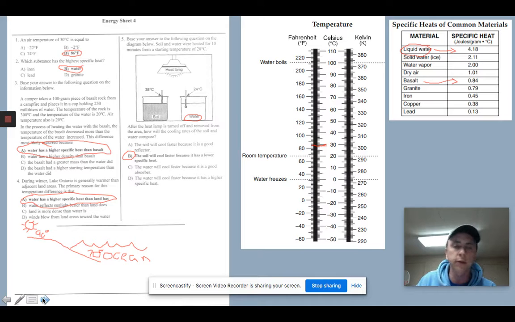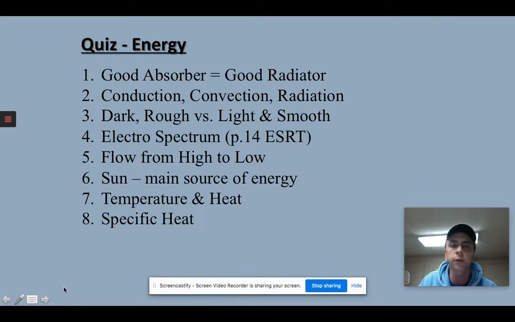All right, so that should help you. Those are all the answers to all the questions we did. These are great questions to look at for the quiz tomorrow, and here's what's on the quiz. Just remember, a good absorber is a good radiator. Also, conduction, convection, radiation, this is all the things we did this week. Dark and rough surfaces absorb more energy than light and smooth, which reflect more energy.